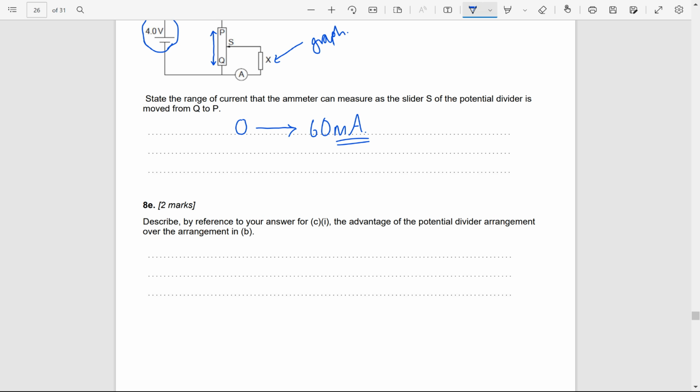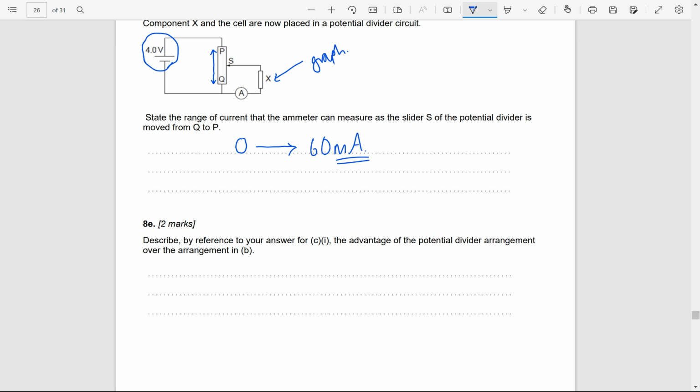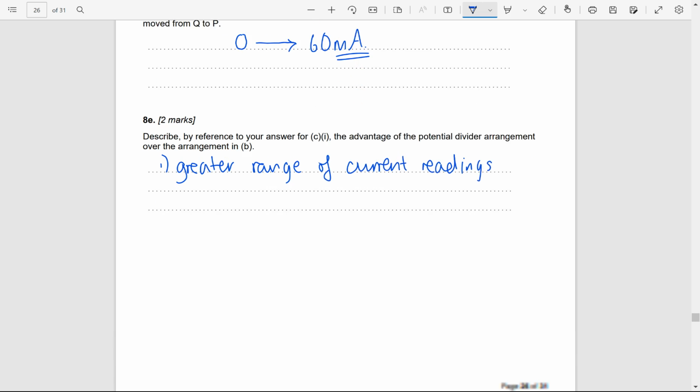Describe the advantage of the potential divider arrangement now. So the advantage of it is that you can get a greater range of current readings. And this is because that's the first point.